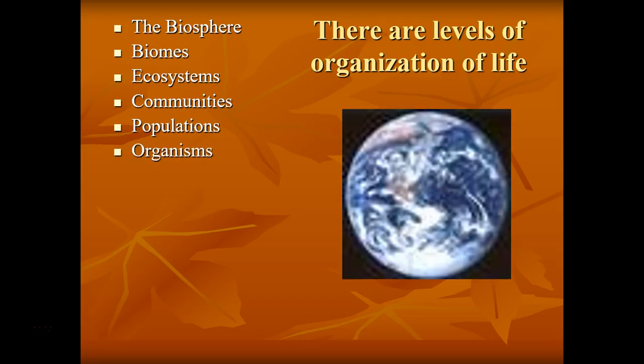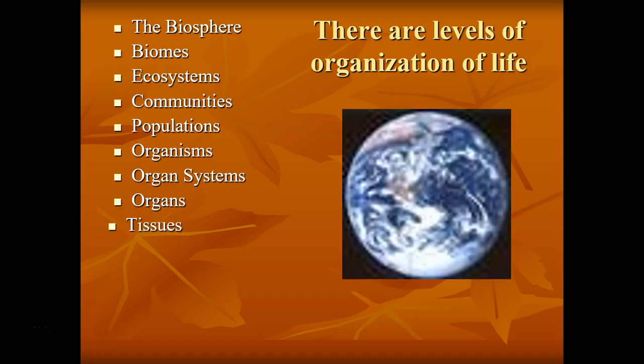It gets smaller than that, now we're down to an individual organism, so say an individual cardinal that we're studying, and then we can break it down even further than that, so going down to organ systems within that particular organism. So the digestive system, respiratory system, the nervous system. All of these are made up of organs that work together to keep that organism functioning, living, doing its job every day.